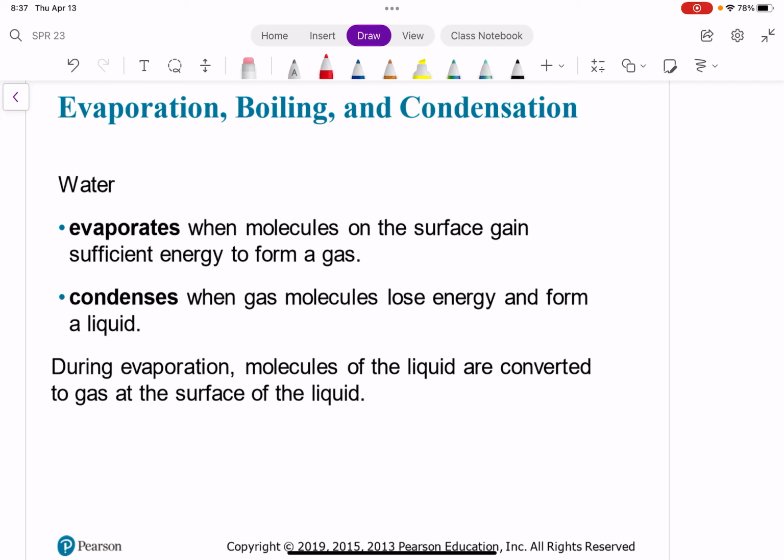So maybe we should write that: liquid to gas and gas to liquid. You're familiar with condensation. Happens on your glass sometimes. You're probably familiar with evaporation as well. On a really hot day, if you went into the swimming pool and then sat out in the sun, that water is going to evaporate from your skin. You're going to dry off really fast, right?